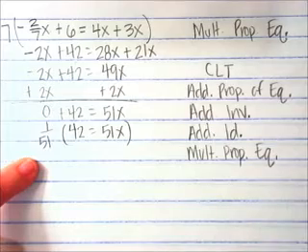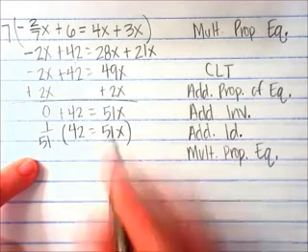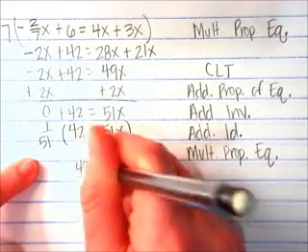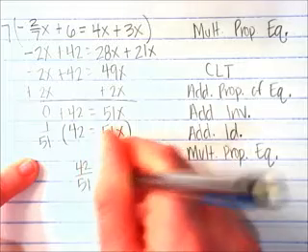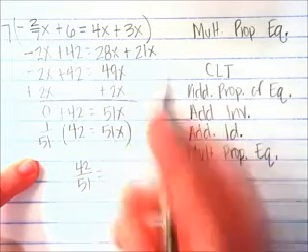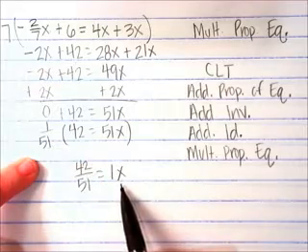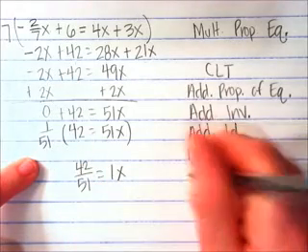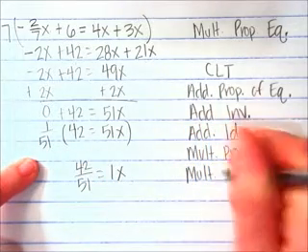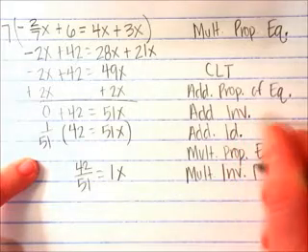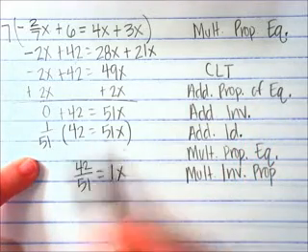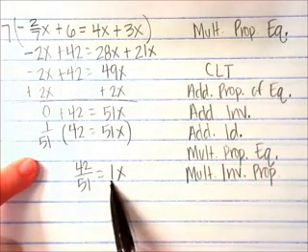All right, when I do that, I end up with 42 over 51. And 1 over 51 times 51 is 1, so that's 1x. How do I know that? Because I'm using the multiplicative inverse property. A number times its reciprocal is 1.